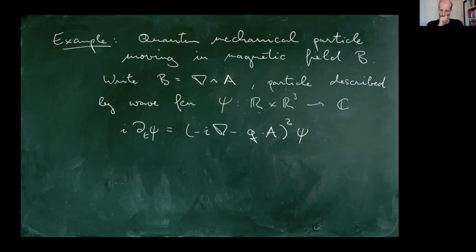Now, if we follow that philosophy of gauge theory, what we should think about is how the physics changes if, instead of just multiplying globally our wave function by a constant phase, we multiply it by a phase that's allowed to change in space, right?